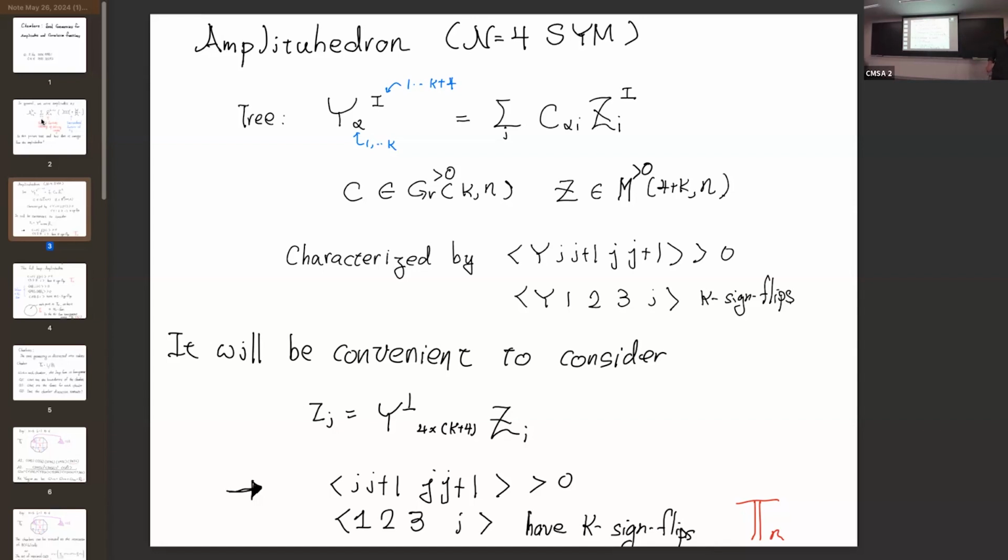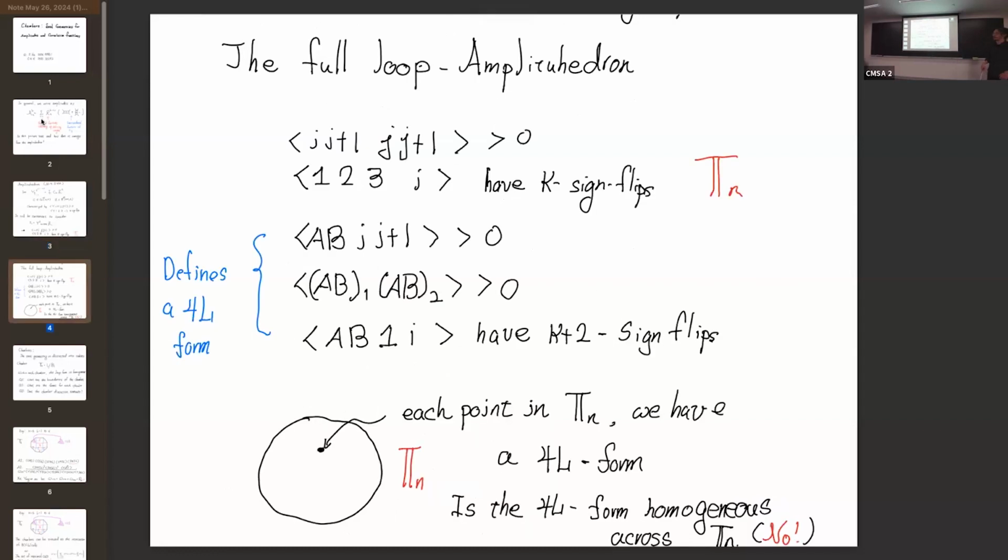But we're interested in the all loop amplitude, and the all loop amplituhedron in this language essentially is that besides the tree part, we start to introduce lines in twistor space, which represent your loop degrees of freedom. And the loop geometry is basically you just have lines that have <AB i i+1> bigger than 0.